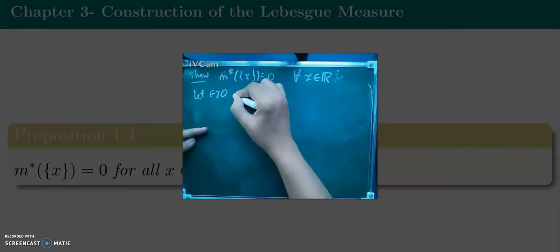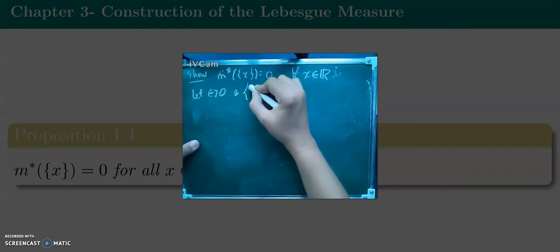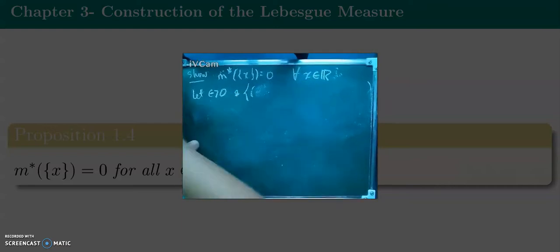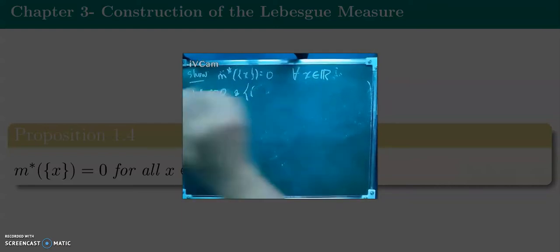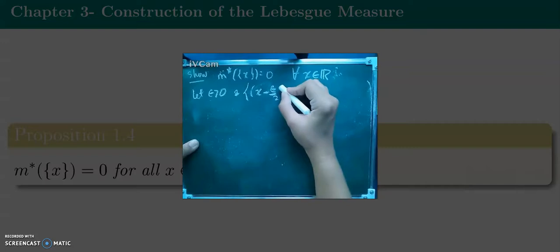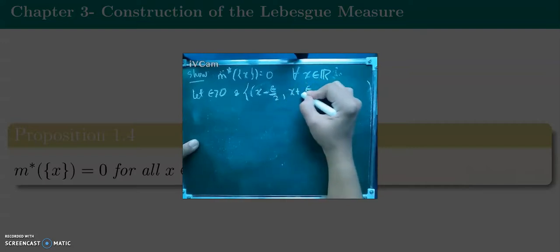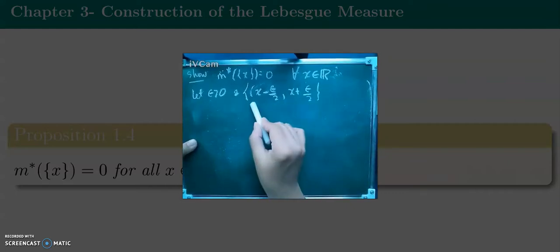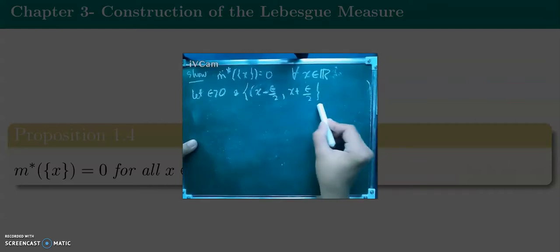So we can let this one as our collection, as the open cover of {x}. We have x minus epsilon over 2 to x plus epsilon over 2. So notice that this is an open cover of {x}.